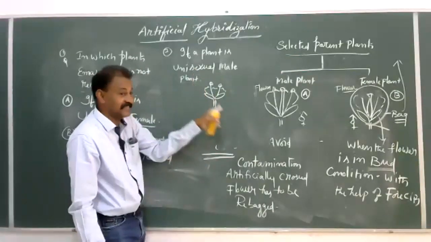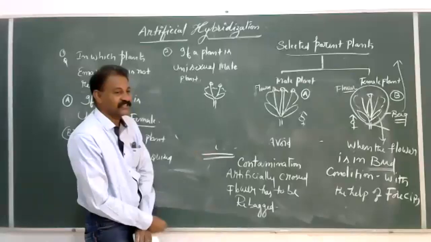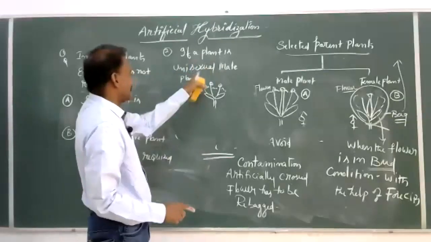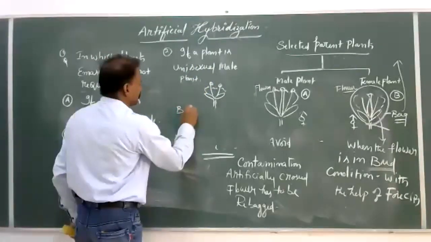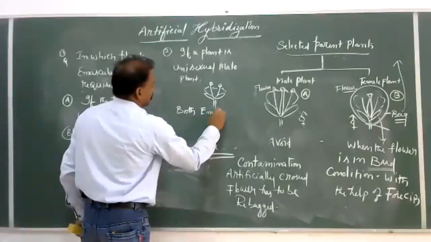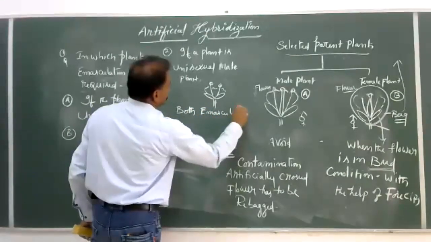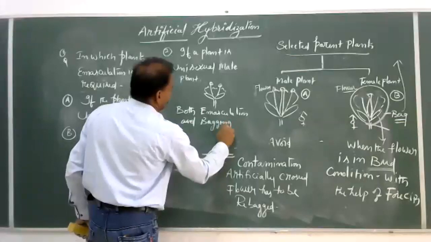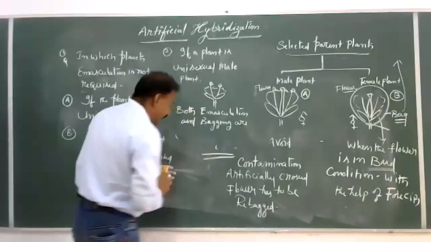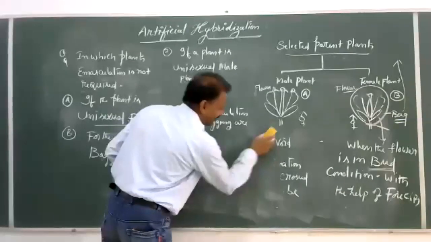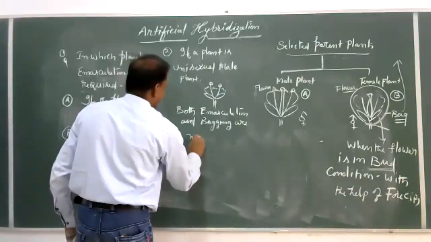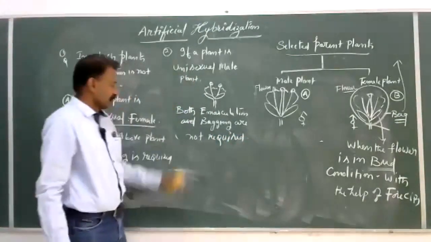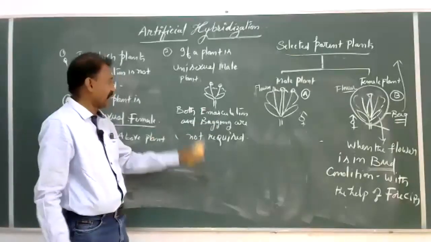Selected, unisexual male plant selected. Whether it requires emasculation? No. Whether it requires any bagging? No. So if a plant is a unisexual male plant, both emasculation and bagging are not required.